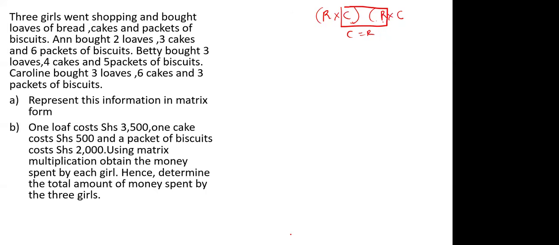Now we are going to start. The first thing we have said is we are going to first summarize our data. So I'm going to just write here a table summarizing the items bought by the girls from the shop.